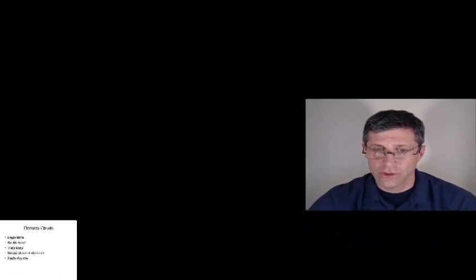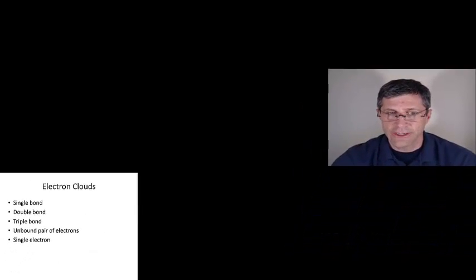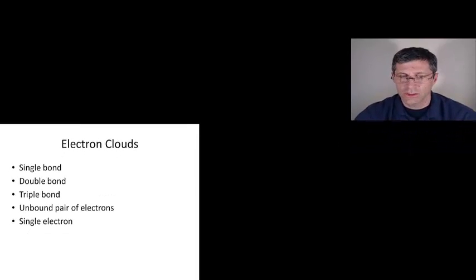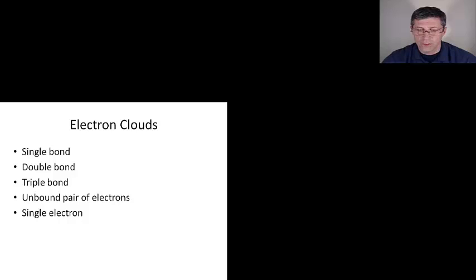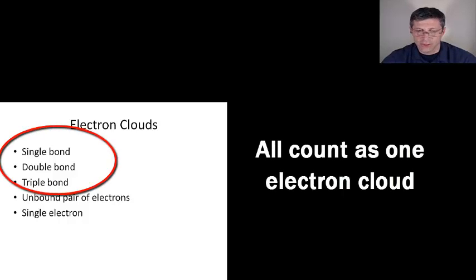The way we're going to start looking at this is by counting electron clouds. An electron cloud is an area where electrons are hanging out. It can be a single bond, a double bond, or a triple bond. Any type of bond is going to be a place where a bunch of electrons are hanging out.